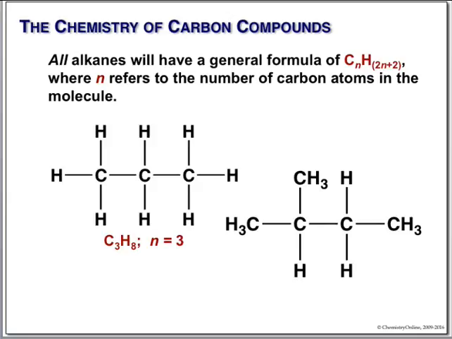This one down here, we have 1, 2, 3, 4, 5 carbons. So n is going to be 5. Our hydrogens, if n is 5, 2 times 5 is 10, plus 2 more is 12. We have 1, 2, 3, 4, 5, 6, 7, 8, 9, 10, 11, 12.